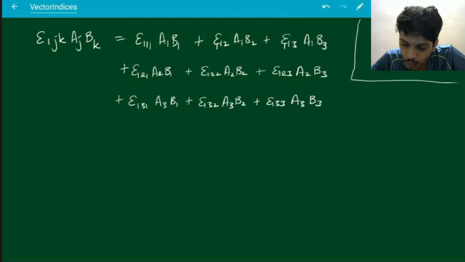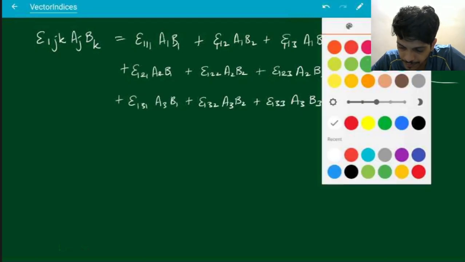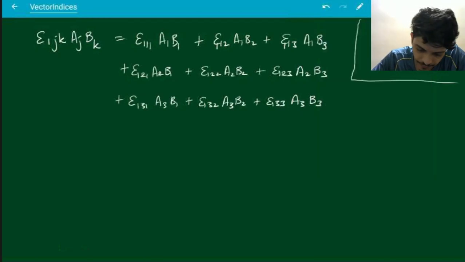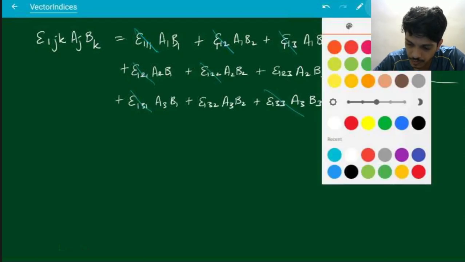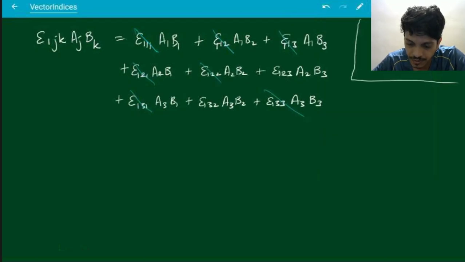Now see, most of these are becoming 0 because there is a repeated index. 1, 1, 1 repeated index, 1, 1, 2 repeated index, 1, 1, 3 repeated index, 1, 2, 1 repeated, 1, 2, 2 repeated. This survives, 1, 3, 1 repeated, 1, 3, 2 survives, 1, 3, 3 repeated. So all of these became 0 because one of the indices is repeated.